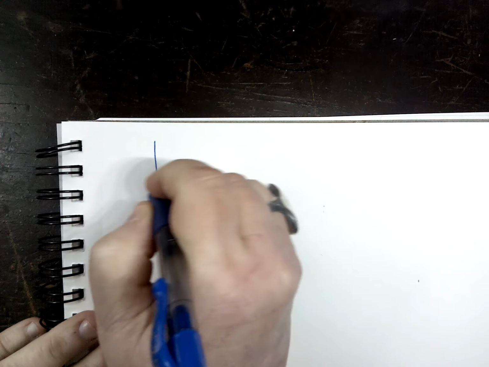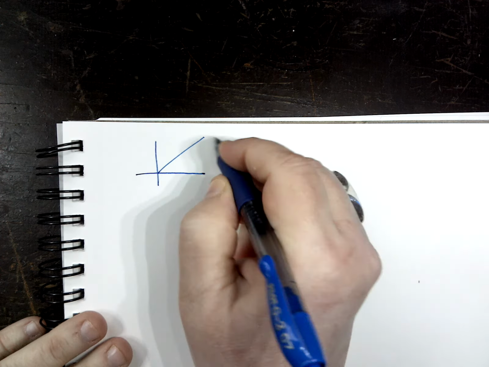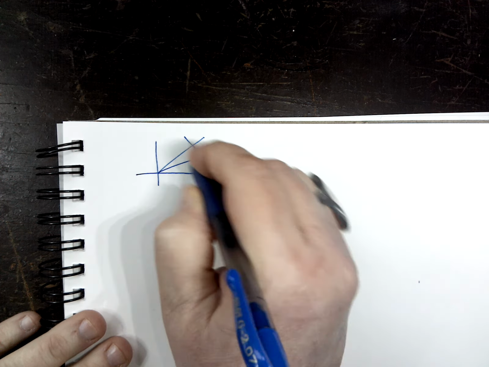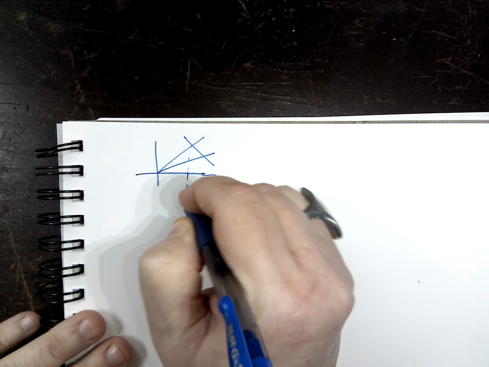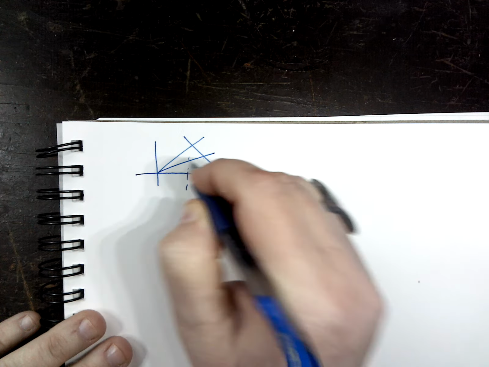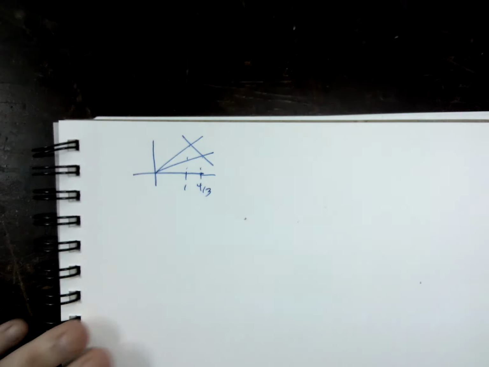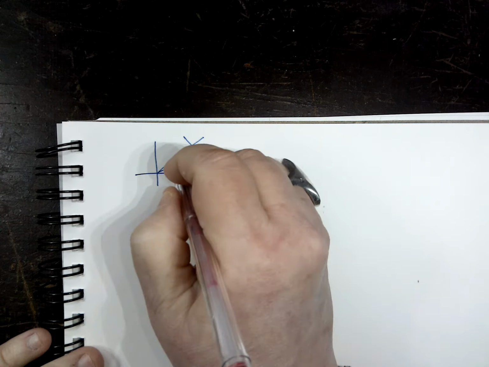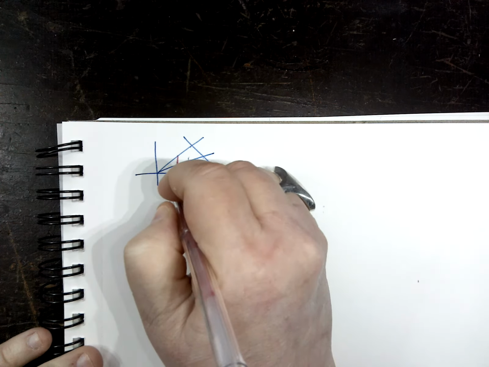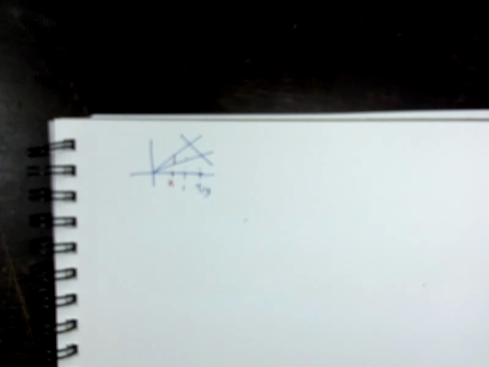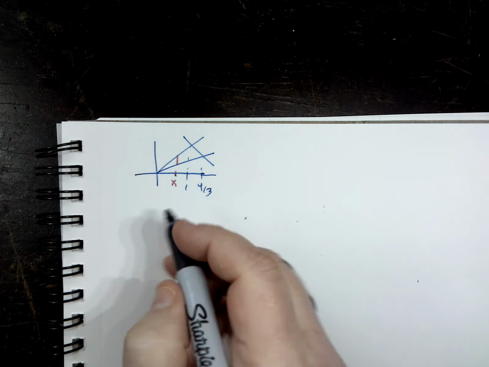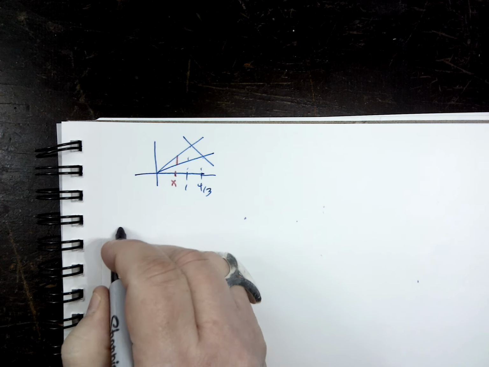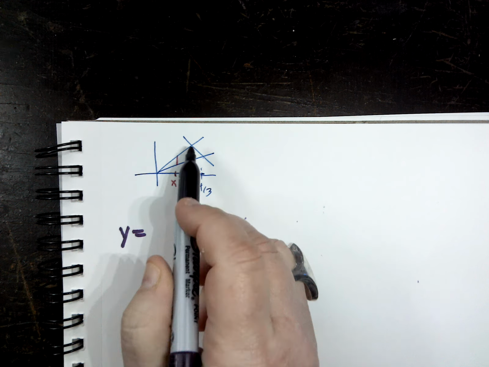Same sort of thing is going to happen when you have horizontal axes. So if I have the line y equals, I want to know what that highest point is.